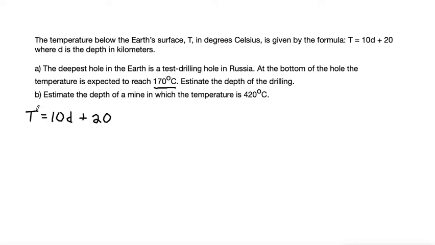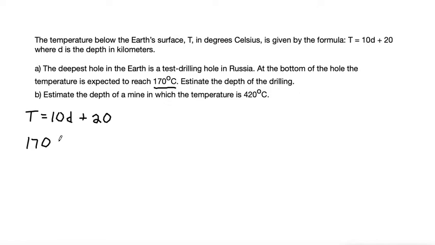So we'll plug this into the T in our equation. That gives us 170. And since we already know that T is going to be in degrees Celsius, we don't have to plug in that unit because that just makes the equation more complicated. So just make sure that your units are consistent and then we can plug it in without a unit.